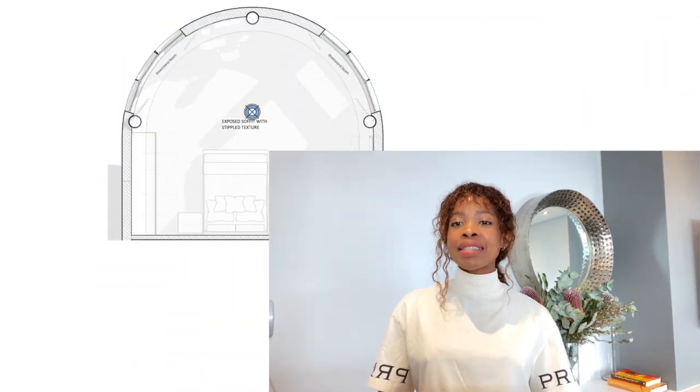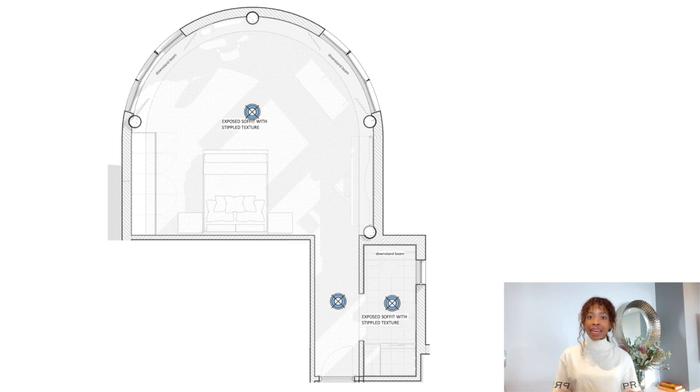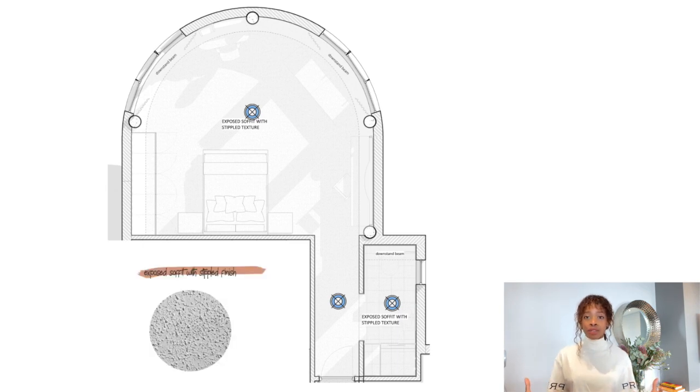I hope that makes sense. But yes, I had exposed soffits and they had this stippled finish, which I really do not like. But the great thing and the upside of having these exposed soffits is that I had very high ceilings, or high soffit heights. I think the soffit height was around 3.2 meters high from the finished floor, which is great.